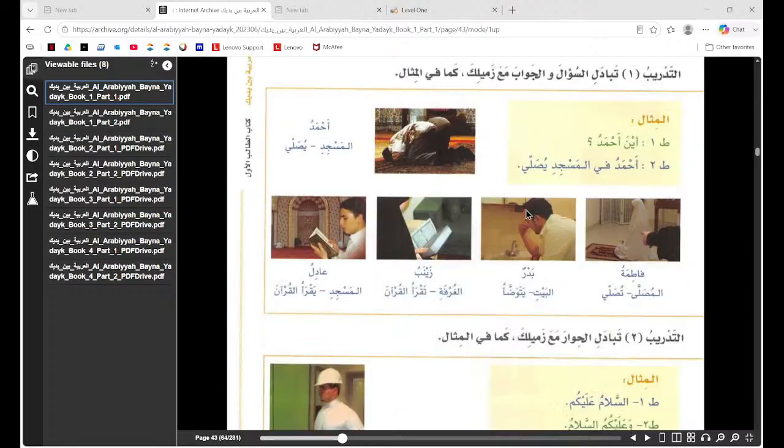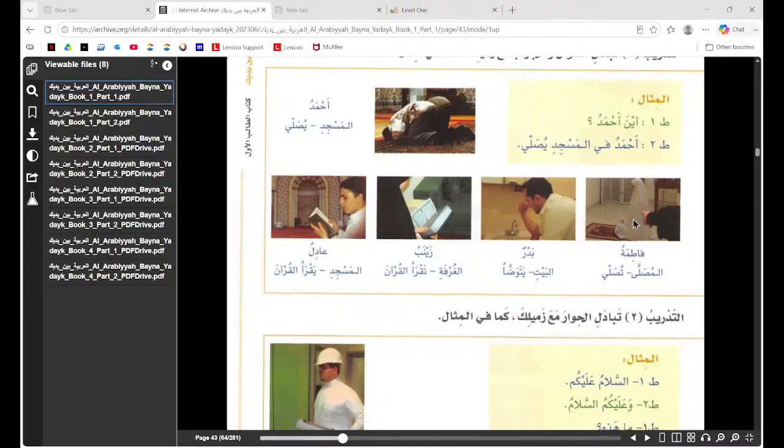Okay. So if we look here, when we see what is called a fi'lun, or an action word, if we're talking about the ghaib, the person who is absent, if it's masculine, we're going to put this ya at the beginning of the word. So in the example, it's yusalli.